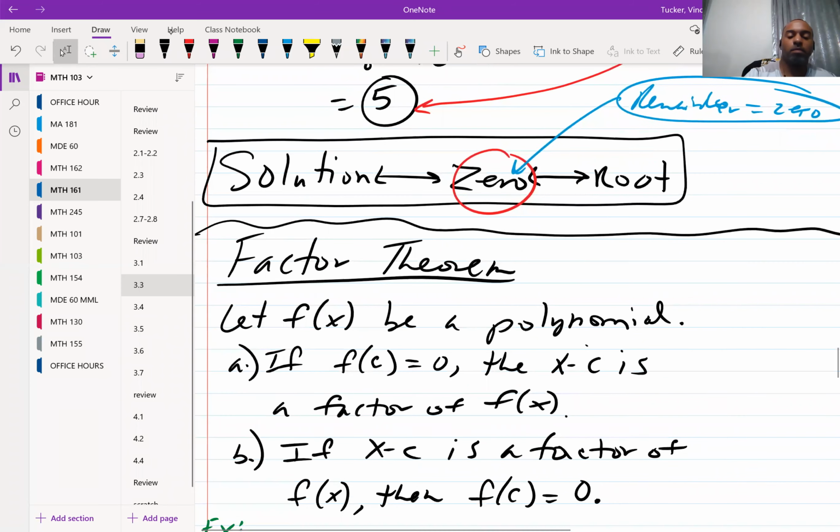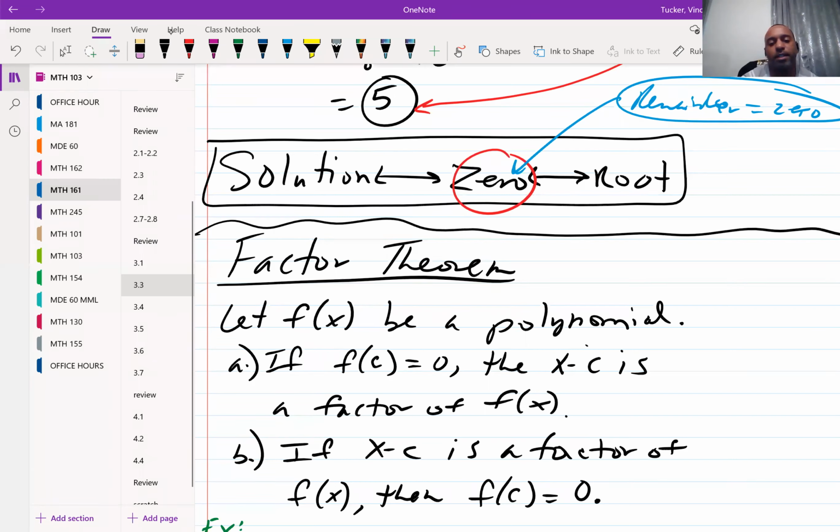So we have the factor theorem: let f of x be a polynomial. If f of c is equal to 0, then x minus c is a factor of f of x. In other words, when you take your c and plug it into your function, if you get out 0, that means x minus c is a factor. Notice you plugged in the opposite of what was with your x.